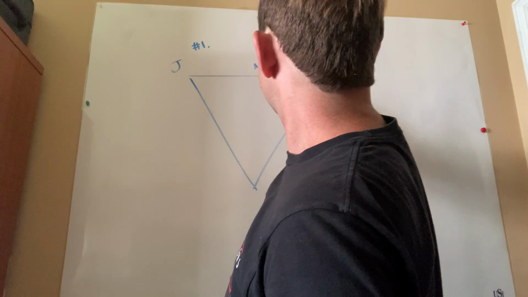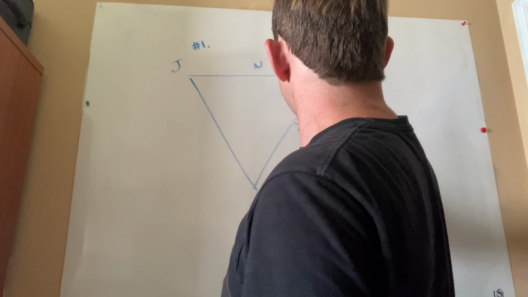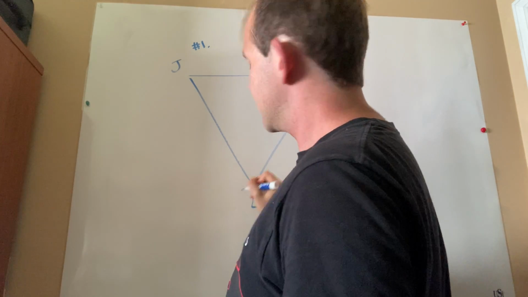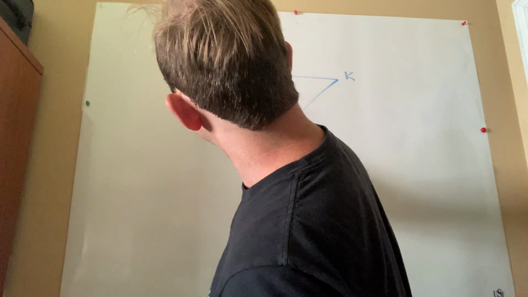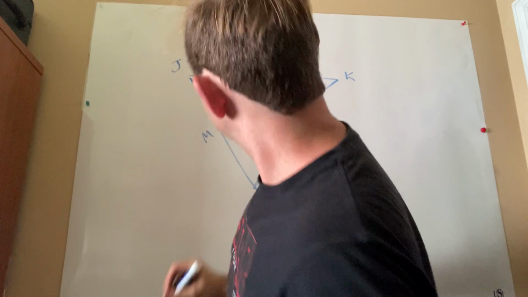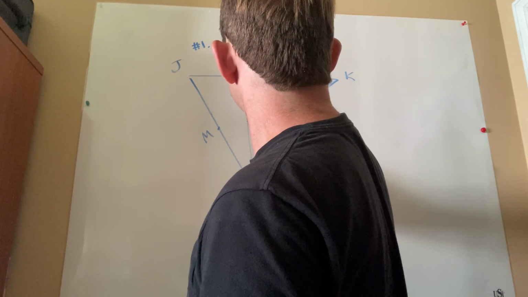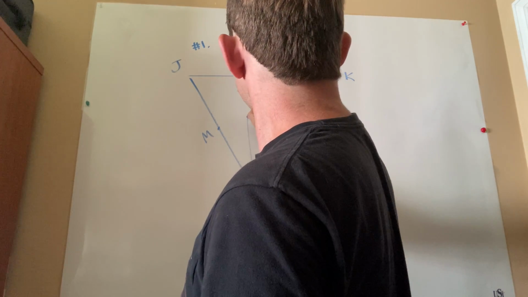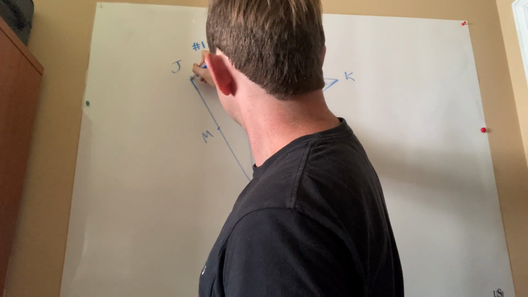All right, so first things first, let me draw this triangle we've got here. So J, N, K, O, L, and what's that one other one? That's M. All right, and then my angle bisectors all meet at point P, which I'll call right here.